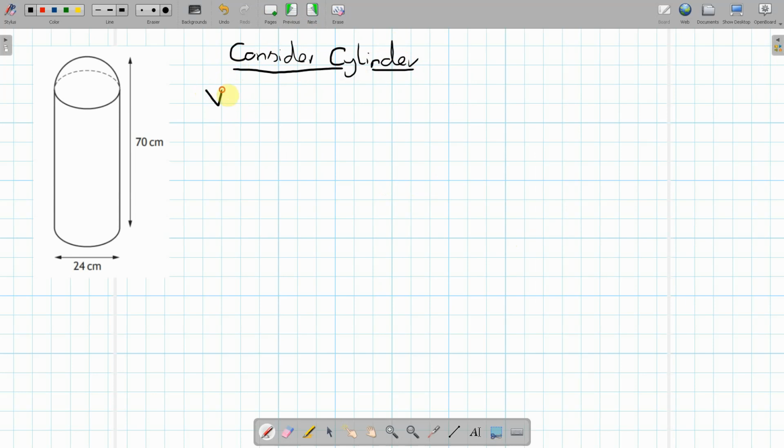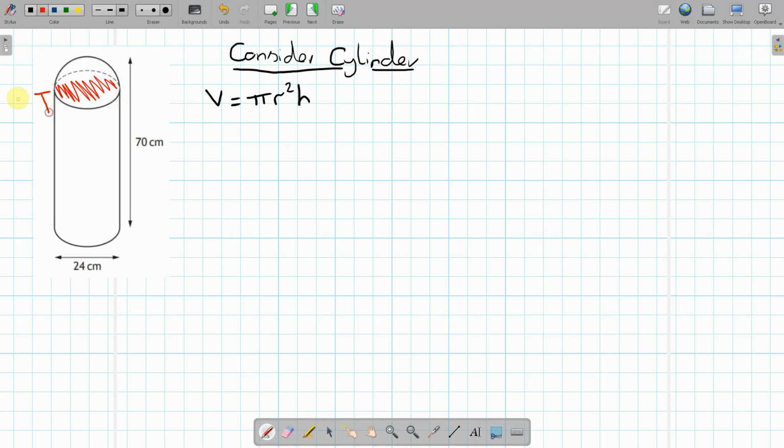Now the volume for a cylinder is V equals pi r squared h, because this is the cross-section area of the cylinder times by the total height. So it's this shape here, so the cross-sectional area of the cylinder times by the total height.